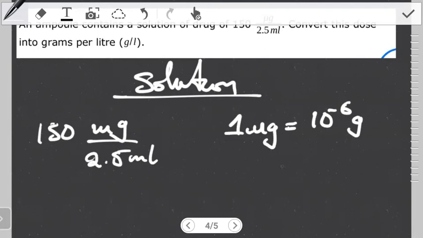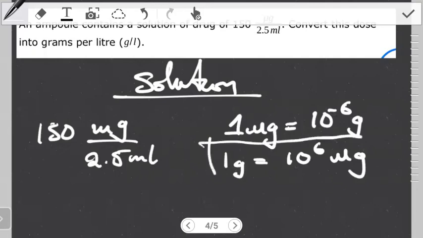So I can say that 1 gram is equivalent to 10 to the power 6, positive 6, micrograms. Always keep in mind that we need a lot of the smaller units to make the bigger unit, and we need just a small fraction of the bigger unit to make a small unit. This is how I always work, and mostly I use this version.